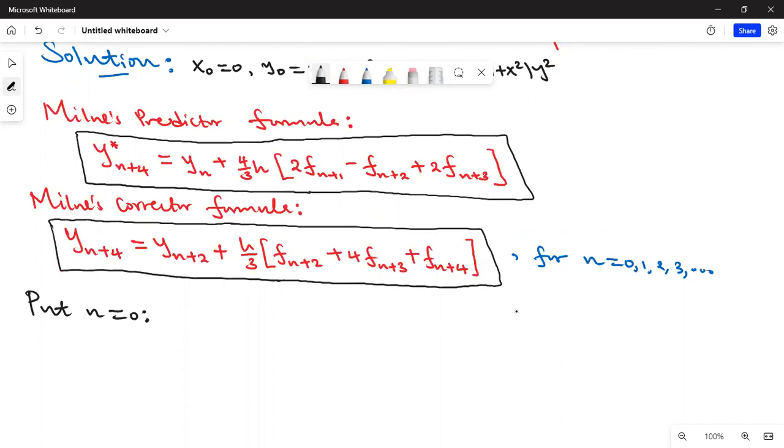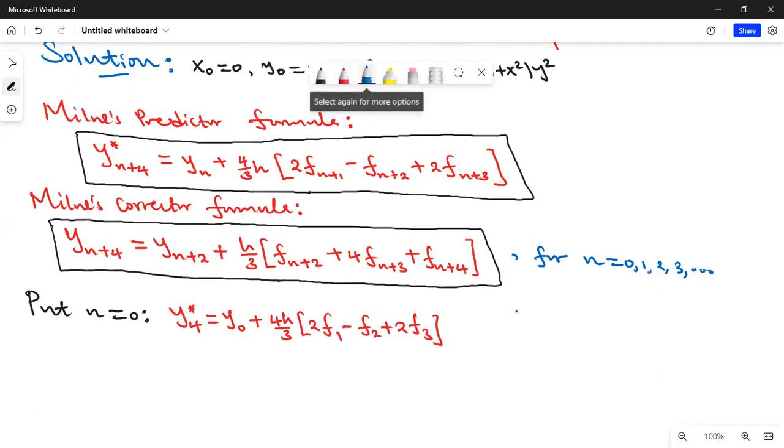What are we going to get? Let's start with the predictor formula, that y4 star is equal to y0 plus 4h over 3 into 2 f1 minus f2 plus 2 f3.